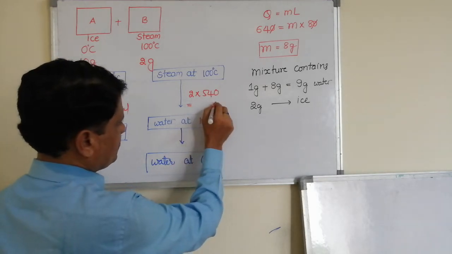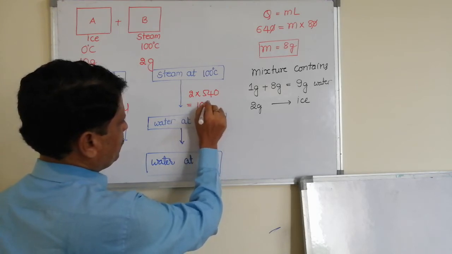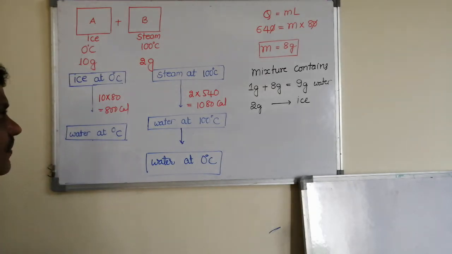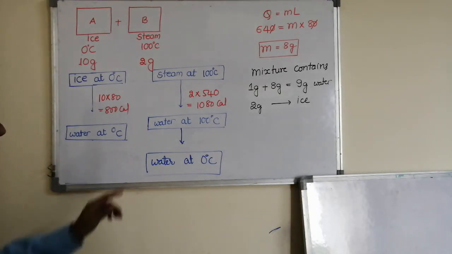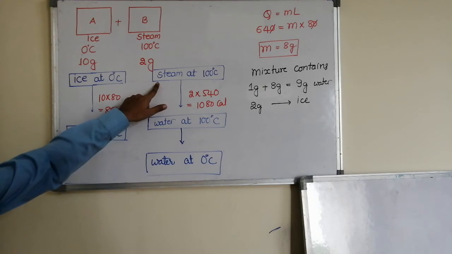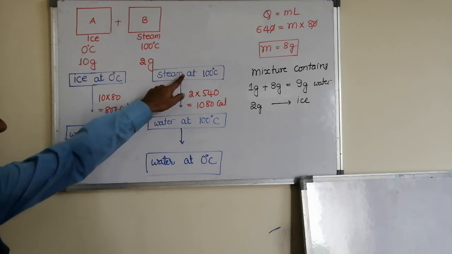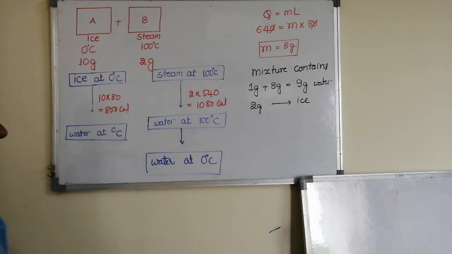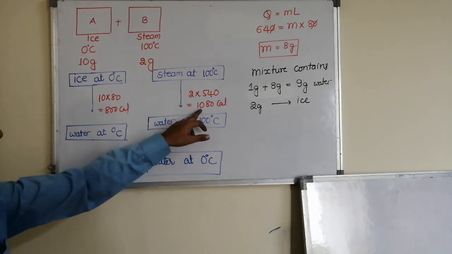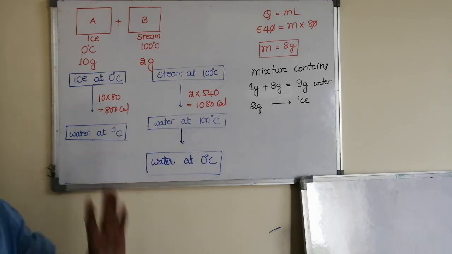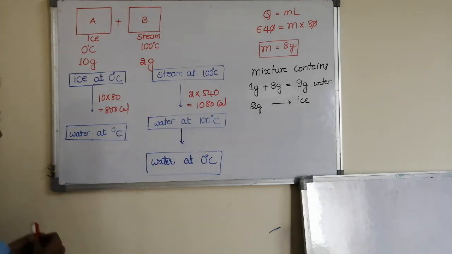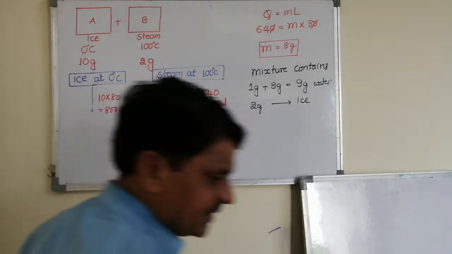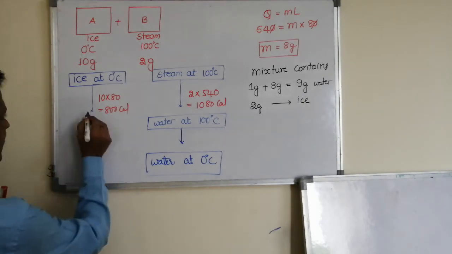So what is this answer? 1080 calorie. So when steam at 100 degrees Celsius is converted into water at 100 degrees Celsius, it releases 1080 calorie. Next, bring water at 0 degrees Celsius to water at 100 degrees Celsius. Now next conversion.